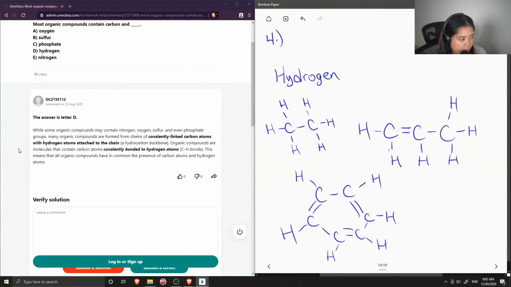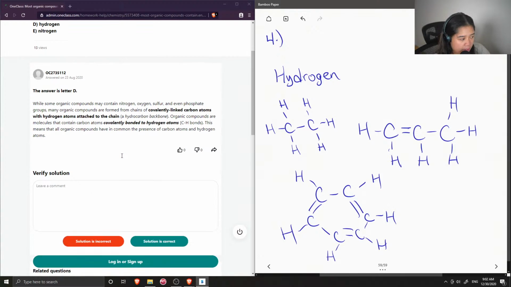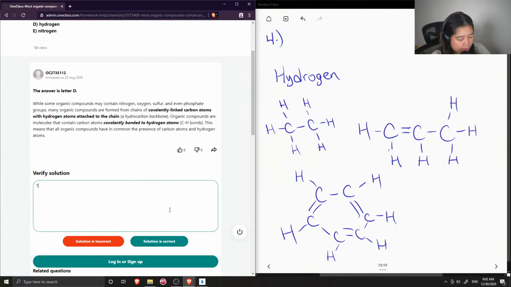Organic compounds are molecules that contain carbon atoms covalently bonded to hydrogen atoms. This means that all organic compounds have in common the presence of carbon atoms and hydrogen atoms. Yep, so this solution is correct.